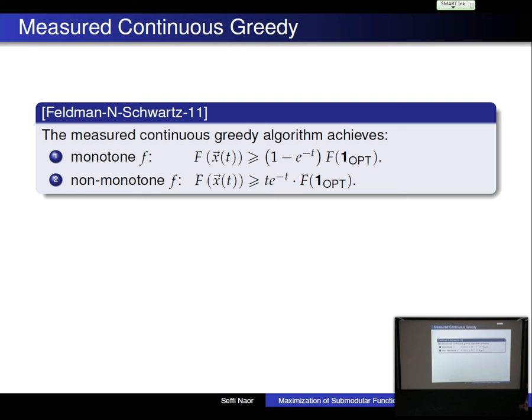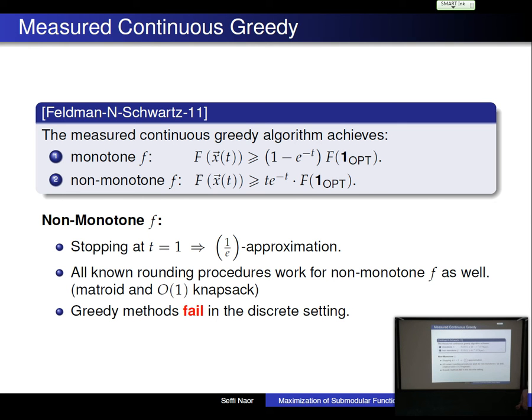So the measured continuous greedy for a monotone function gives the same result as the continuous greedy. For a non-monotone function, for which the continuous greedy does not seem to give any bound, we can get the value of the solution at time t is t times e to the minus t multiplied by opt.